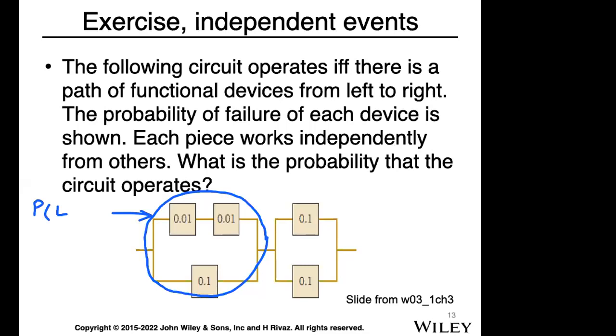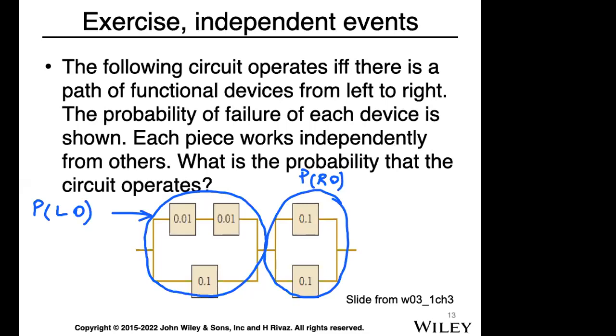So we can either calculate P of left part failing or P of left part operating, right? Either one is fine, but we have to remember what we are calculating. That's very important. So let's calculate the probability of the left part operating. And again, we call the probability of the right part operating P of right part operating.